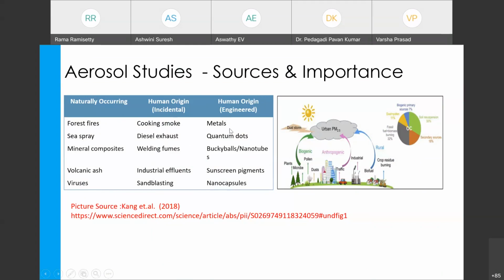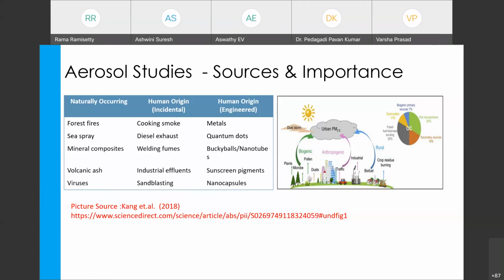Also, we have engineered nanoparticles, which come from work in the lab and in industries, where a lot of particles are emitted. All these impact the atmosphere, air quality, and human health.